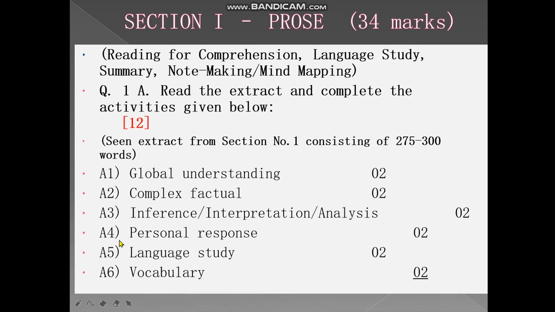Then A4, personal response. The answer wouldn't be in the passage. You have to think on it and you will reply by your own heart. This time you got the chance that you can write your own opinion in personal response. For example, suppose the passage is about travel. Then they would ask you to mention your favorite place to visit and write some probable reasons.